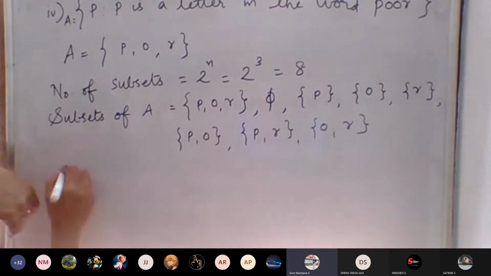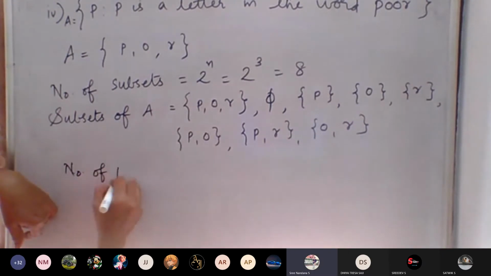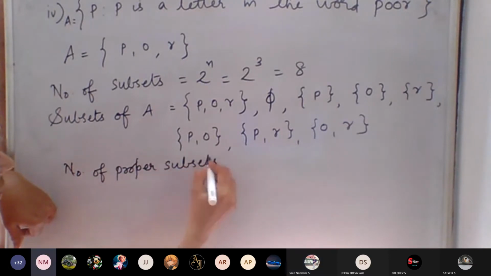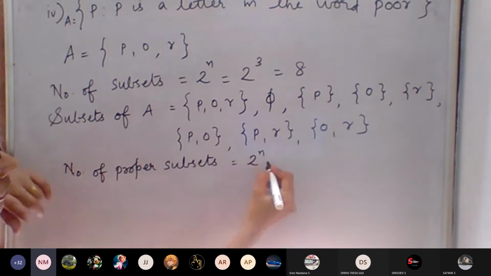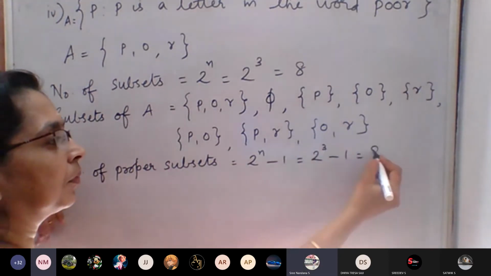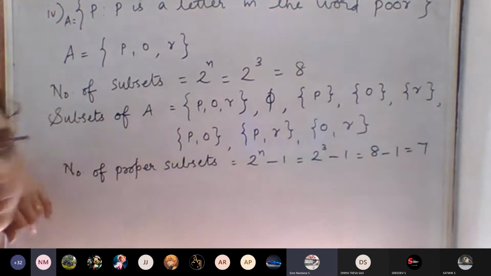Number of proper subsets is equal to 2 raised to n minus 1, that is 2 raised to 3, minus 1, which is 7.